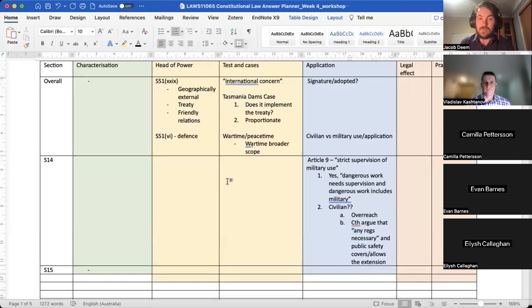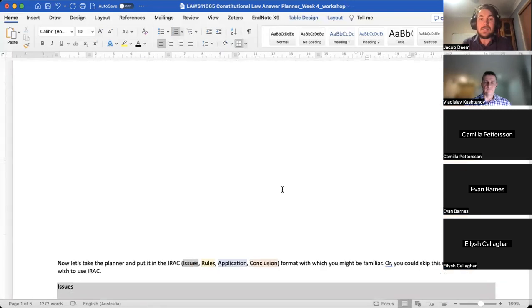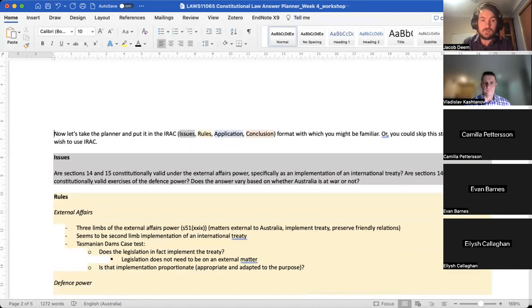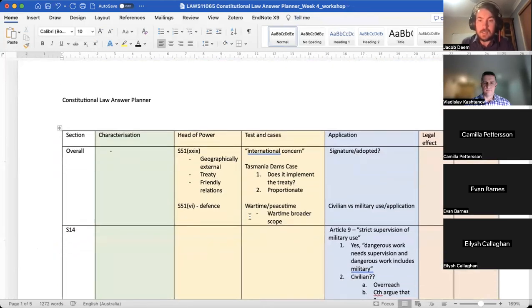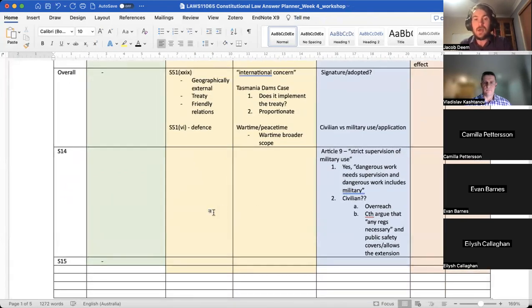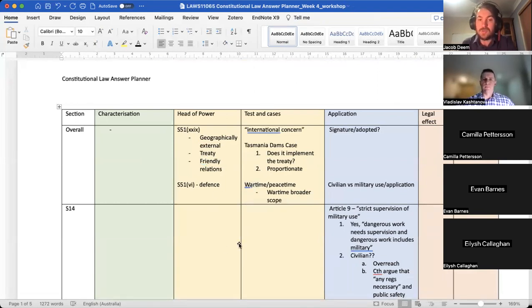So let's circle back to more of these other ideas as well. But in terms of thinking about how you might use IRAC to further extend some of these ideas, I've color-coded these tables a bit in the ways that they line up with IRAC, and basically your yellow sections will be your rules. So you'll be setting out the heads of power that you want to draw on, and then the relevant tests and cases that help us understand and interpret those powers.